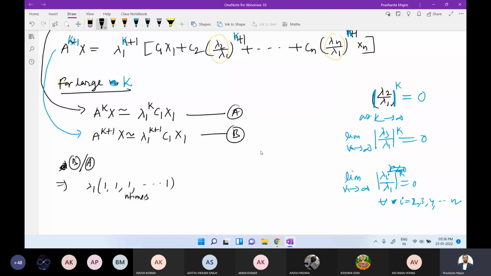That will be A power k plus 1 into x by A power k into x. So this has r components, it is a vector.